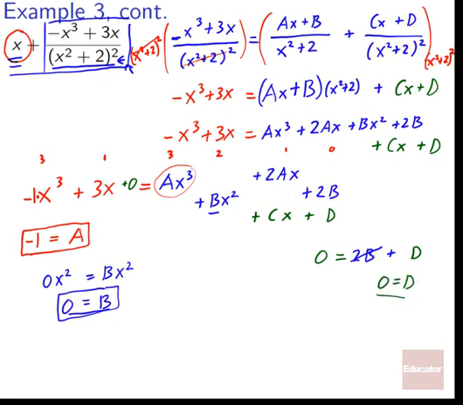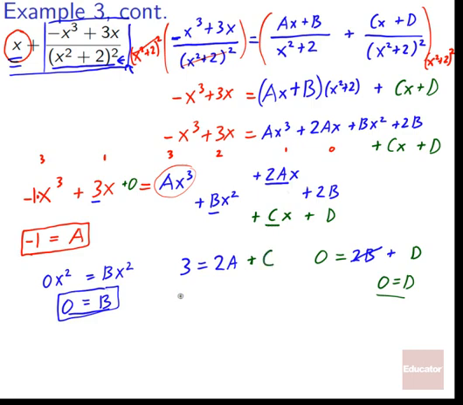Finally, we're left figuring out what c is. So we know that 3 equals 2a plus c, because we've got 3x and 2ax and cx, so when we combine them all together, that many x.